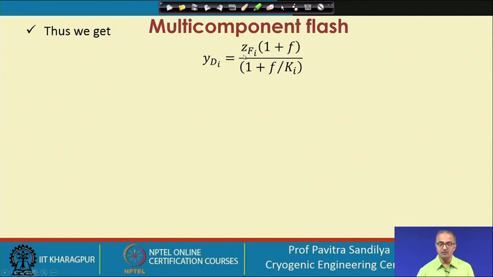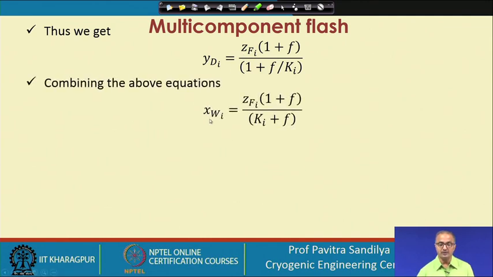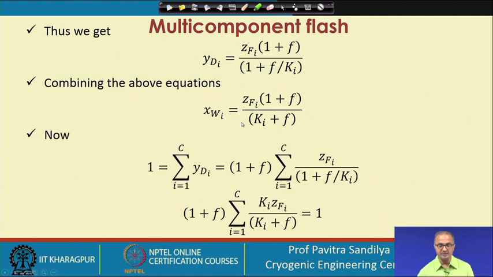Now we also can get the value of XWI, because XWI is YDI by Ki. So we are modifying this particular equation, and ultimately when we take the summation of all the YDIs, this should be equal to 1.